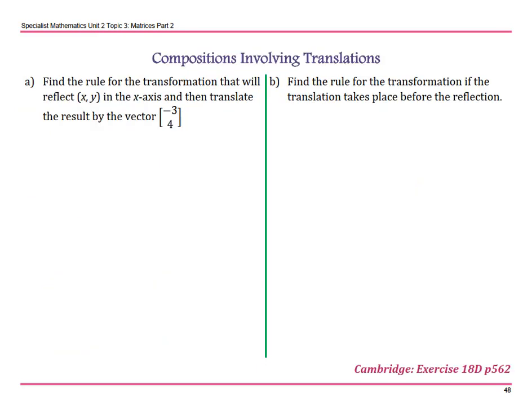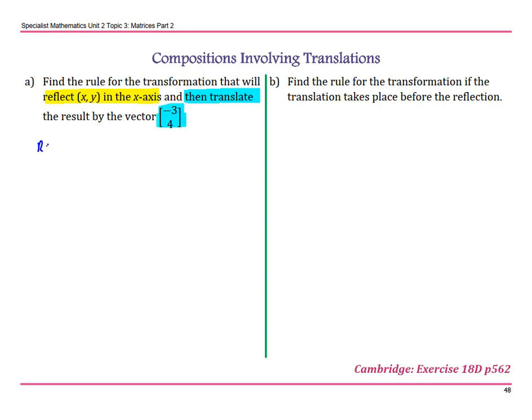Now let's look at compositions involving translations. So find the rule for the transformation that will reflect (x, y) in the x-axis and then translate it by the vector (-3, 4). So first of all, we want to reflect in the x-axis and then we're going to translate by (-3, 4).